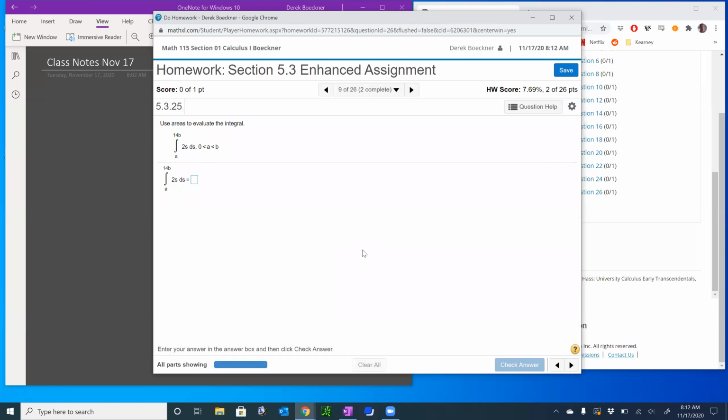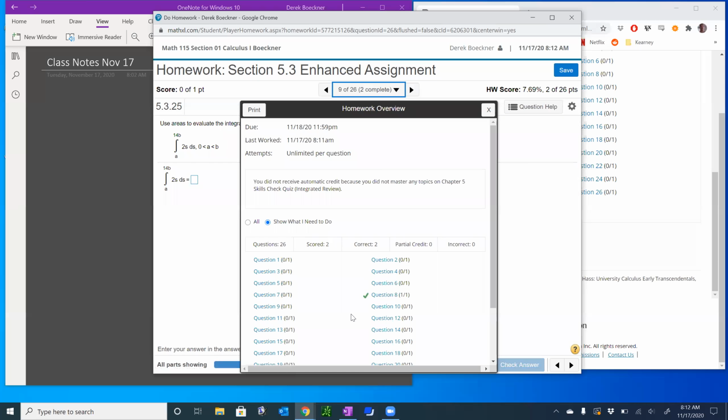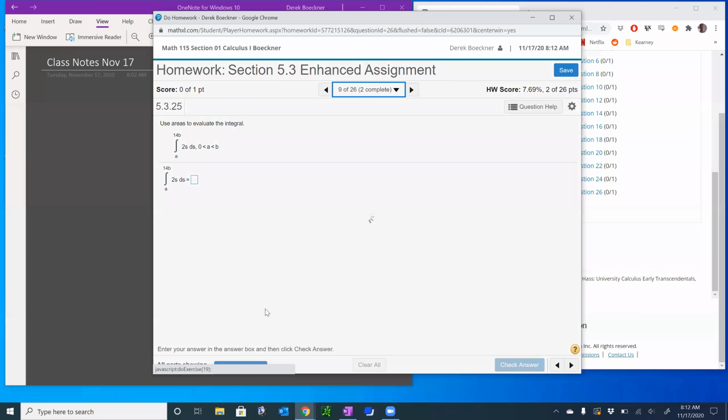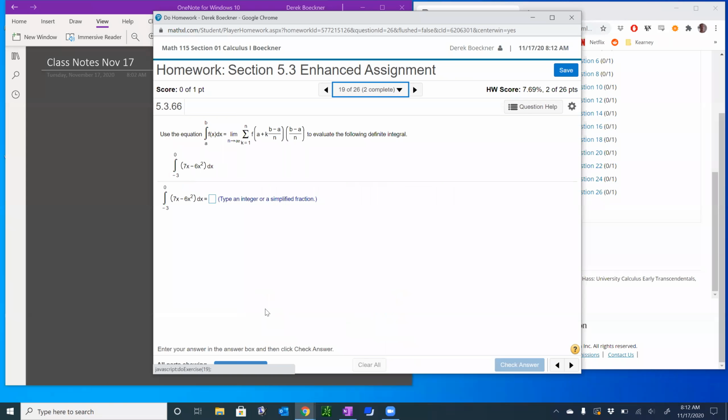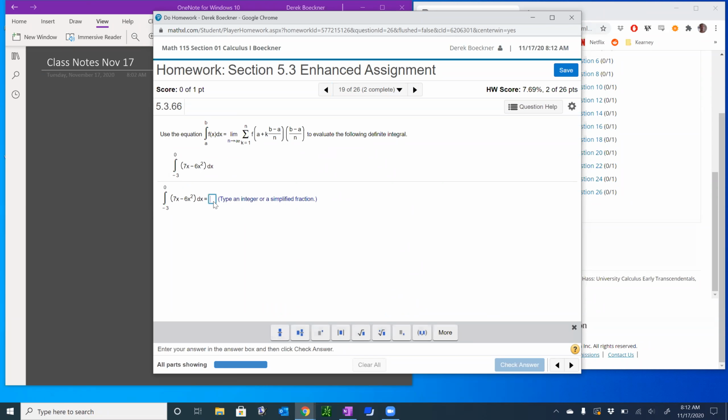Other questions you guys want to talk about? Use the equation to evaluate. Yeah, you can set it up, and this is a lot like the 5.2 problems, but if you want to just use what we did yesterday, that's fine too.